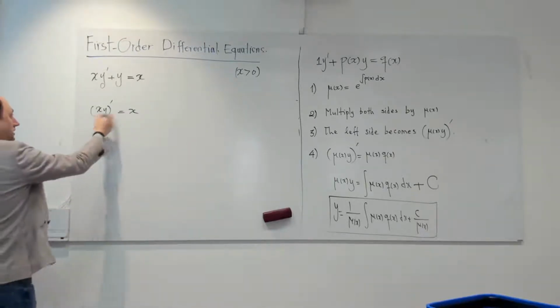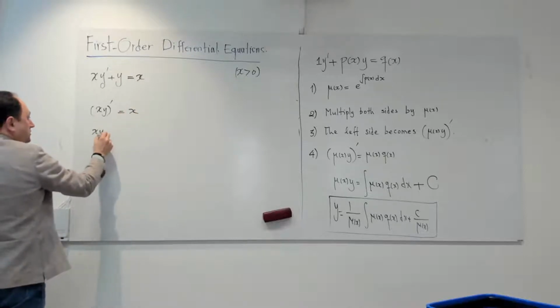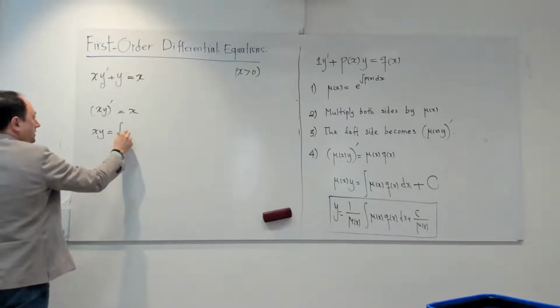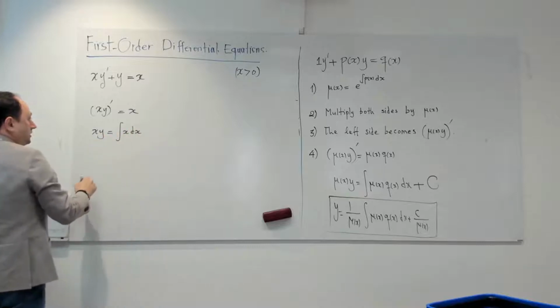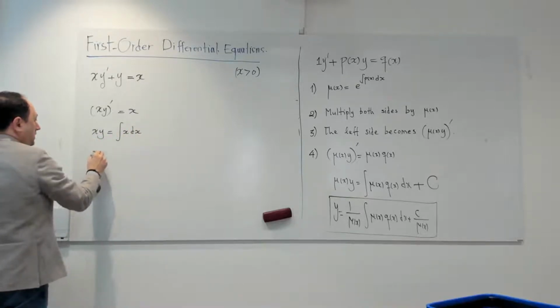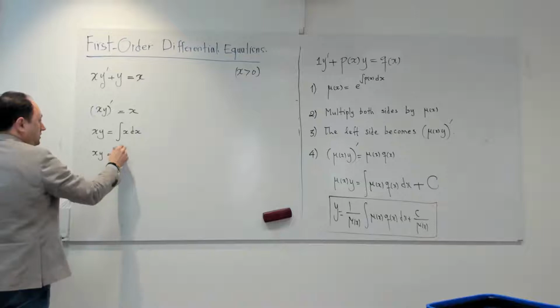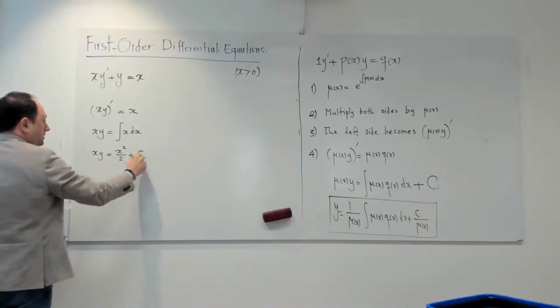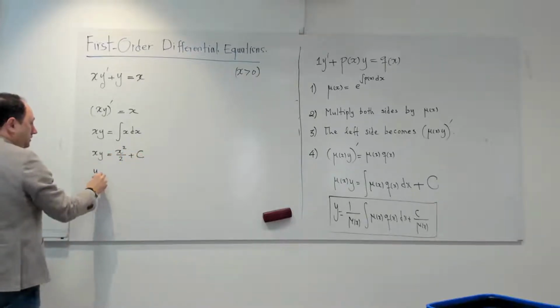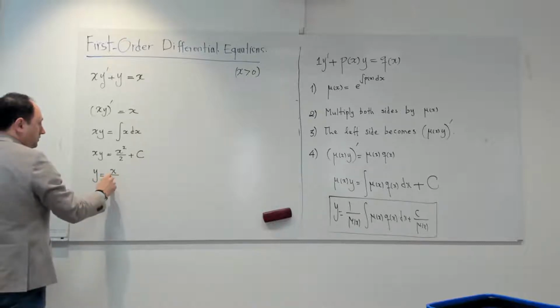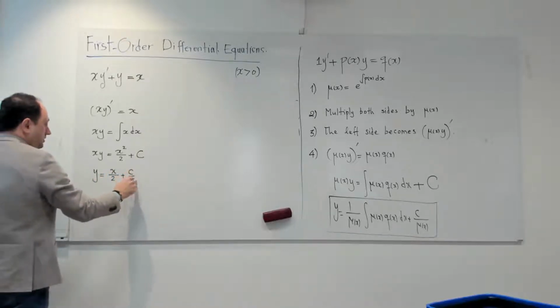So then you take a primitive function, so xy is the integral of x dx, but the integral of x dx is x squared divided by 2 plus a constant, and then you are looking for y, you divide by x, it becomes x over 2 plus c over x, so that is your solution.